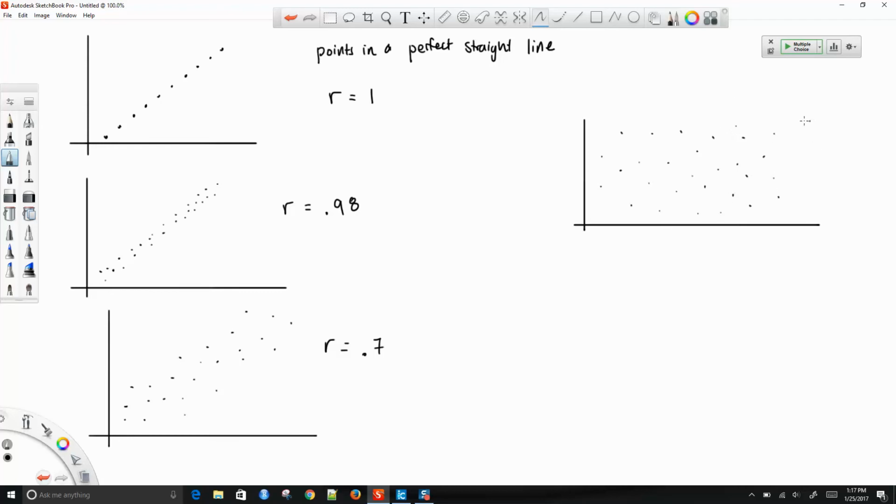Over here, I hope you guys can see these dots, R would be 0.